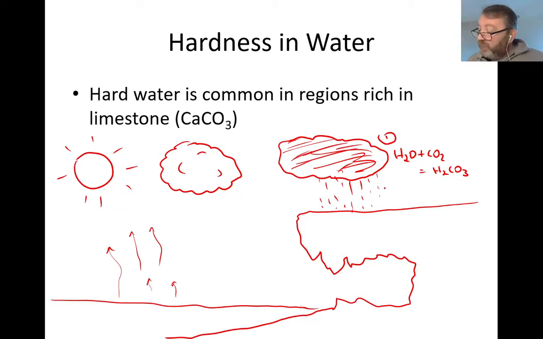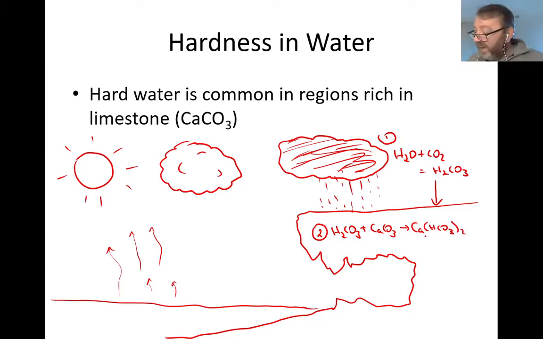When this dilute weak acid hits the limestone region, we get the second piece of chemistry taking place, where your H2CO3 meets your limestone. Now we're just going to take limestone as CaCO3. Both of these combine and give me what's called calcium hydrogen carbonate, Ca(HCO3)2.